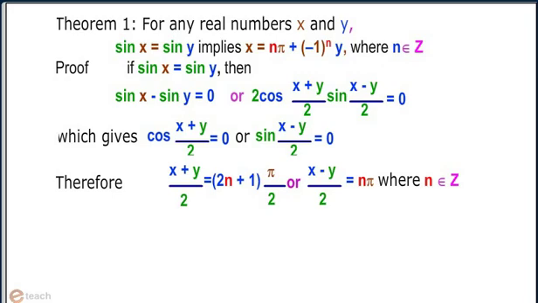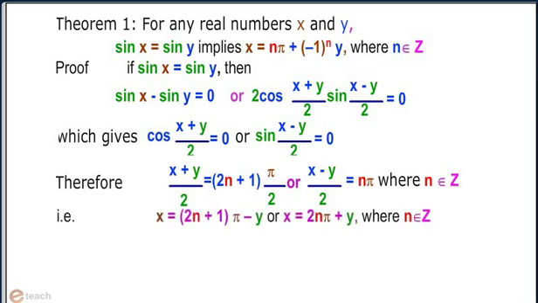Therefore, (x plus y) by 2 equals (2n plus 1) pi by 2, or (x minus y) by 2 equals n pi, where n is an integer. That is, x equals (2n plus 1) pi minus y, or x equals 2n pi plus y, where n is an integer.